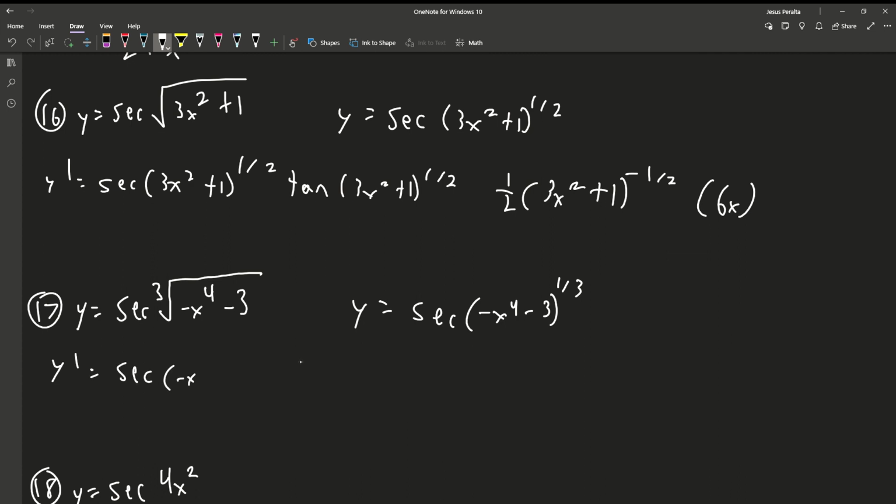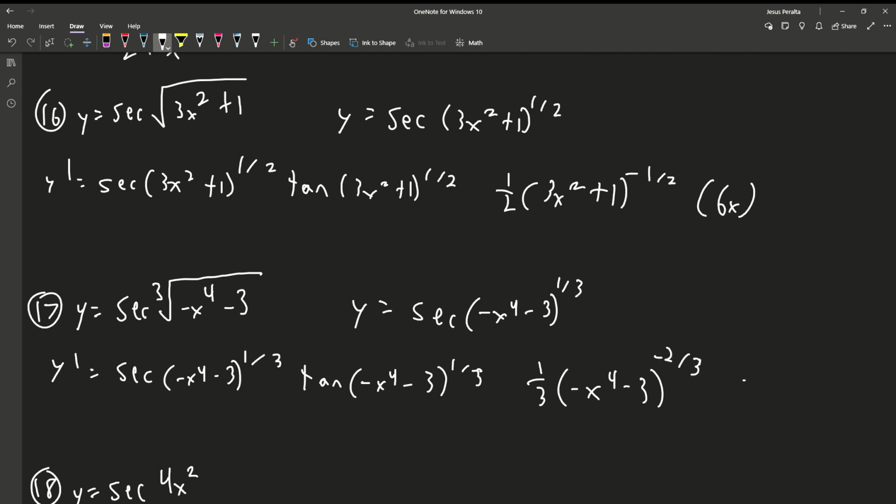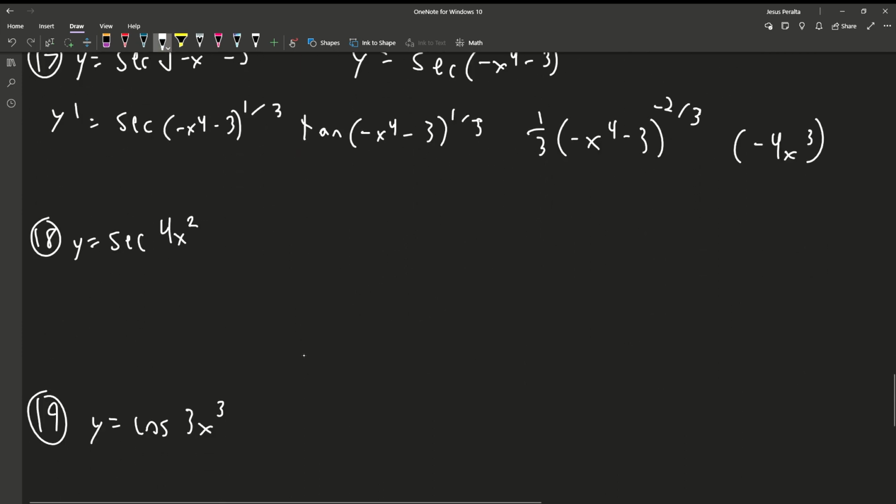Secant of negative x to the power of 4 minus 3, to the power 1 over 3, tan of, boom, and then you do chain rule now, and subtract 1 from the top, and you get negative 2 over 3, and then you find the derivative of the inside. Boom. And then this, oh, they got easy all of a sudden, okay.